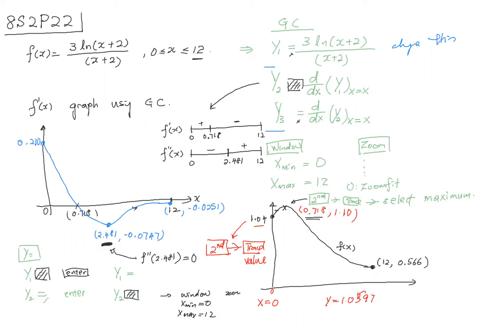If you are referring to this f prime x graph, you can go to second trace. Then you see the word zero. You select this zero, then you go left bound, right bound, then you also can get the answer. Oh, okay. If not, I can get it from here. It depends on what graph you have.